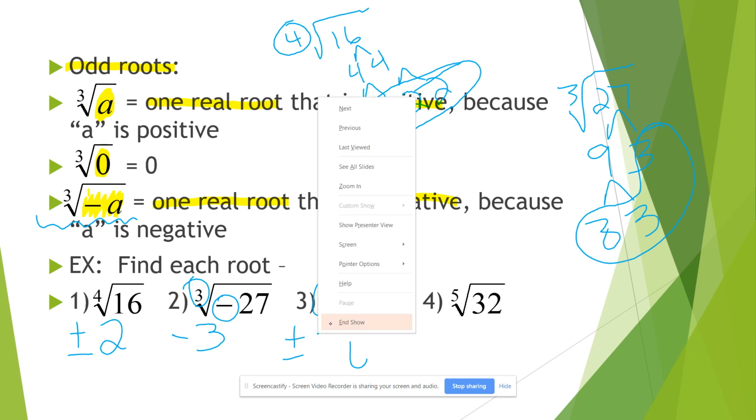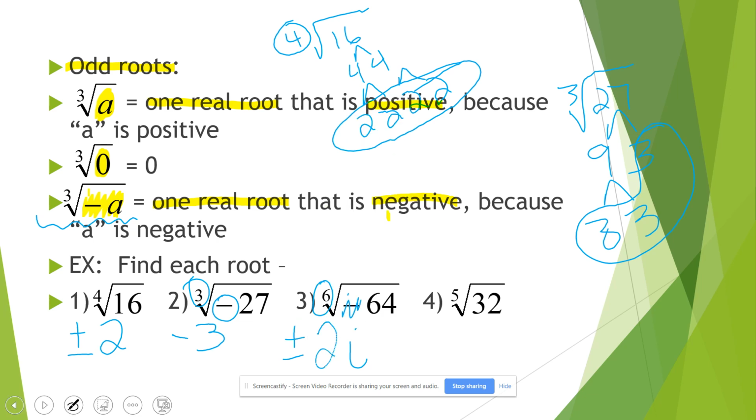And that answer is 2. And then number 4, the fifth root. So 5 is odd. That means we only have one answer. 32 is positive, so we're going to take the positive answer of what number times itself 5 times is 32. And that answer is 2.